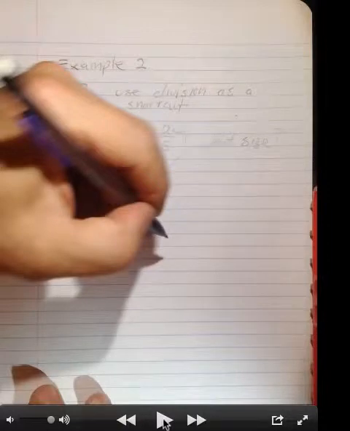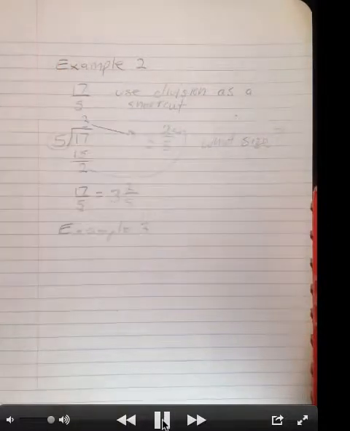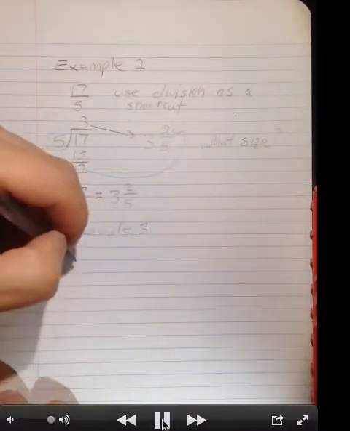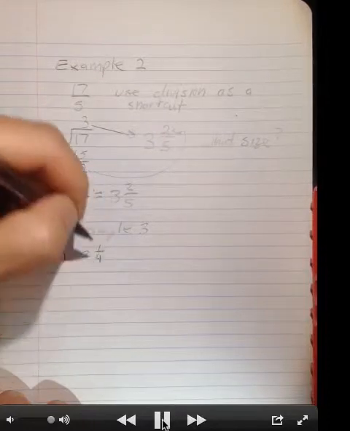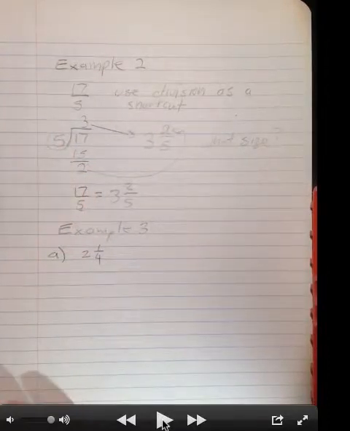Okay, example 3a is 2 1/4. We're going to change that to an improper fraction. Instead of drawing the picture, we're just going to use the multiplication shortcut.